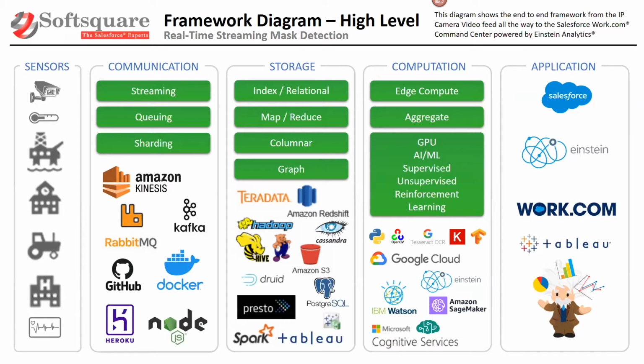As you can see, there is a complexity of different technologies that need to be put together, from Amazon to Teradata, Hadoop, all the way down to Google Cloud, IBM Watson, and other components for the AI and computation layer. So looking at this ecosystem, how does the Tableau Web Data Connector simplify this process, or where does it fit in this model? Let's go ahead and overlay the Tableau Web Data Connector.